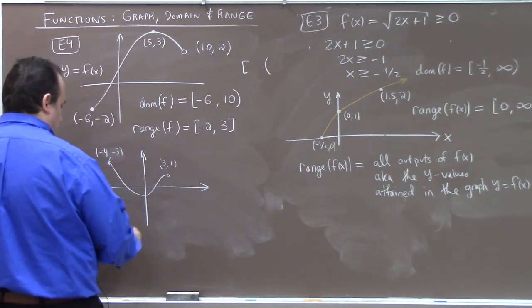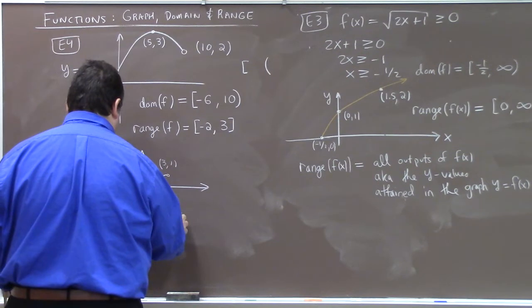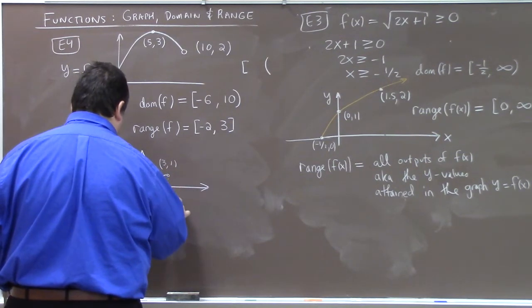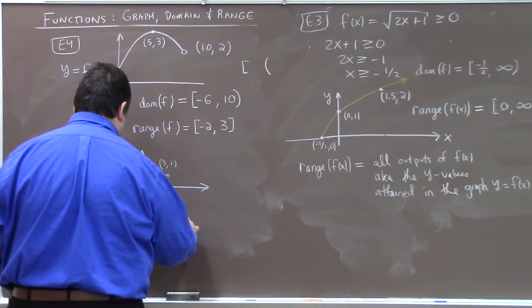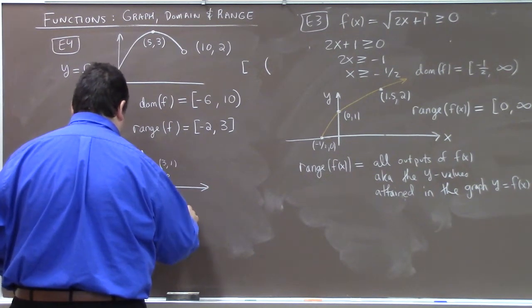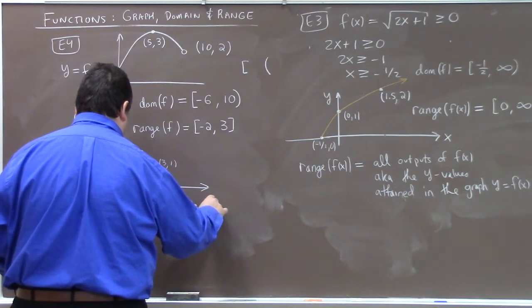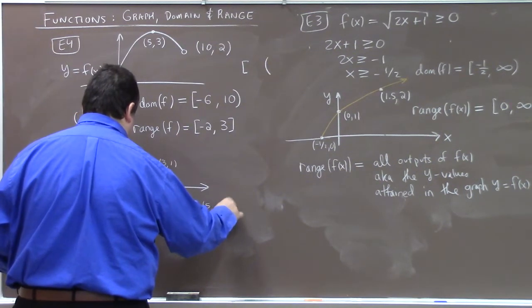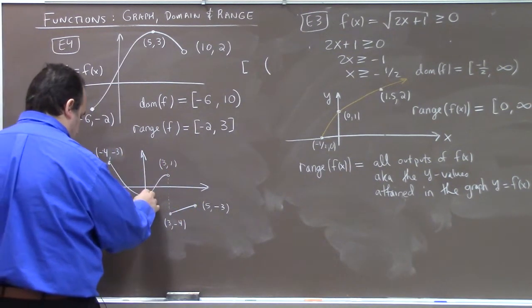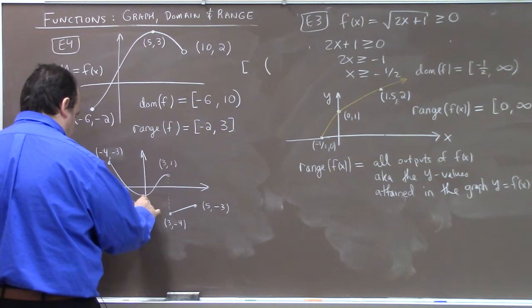All right, and then (3, -4), and then we go (5, -3), and this low point here we'll say is (-0.2, -1).